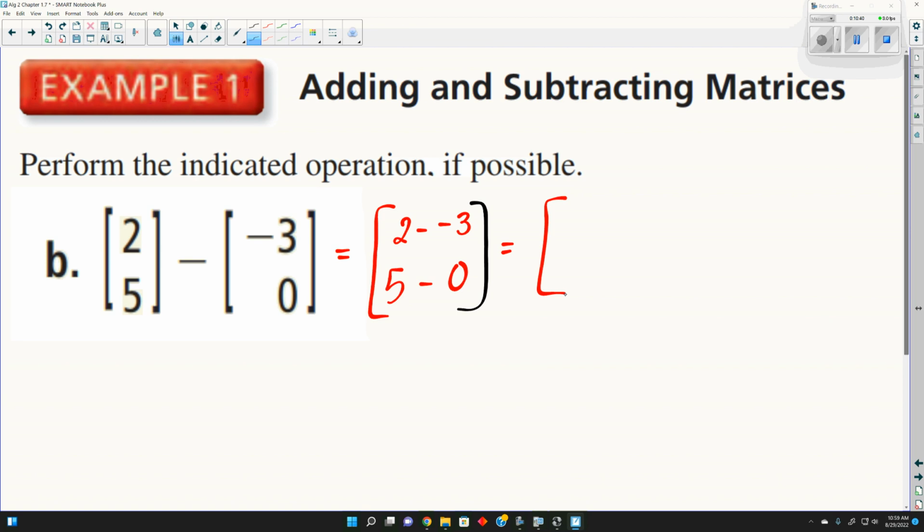Because we'd have 2 minus negative 3. Plus gives us... Any other questions on these here?